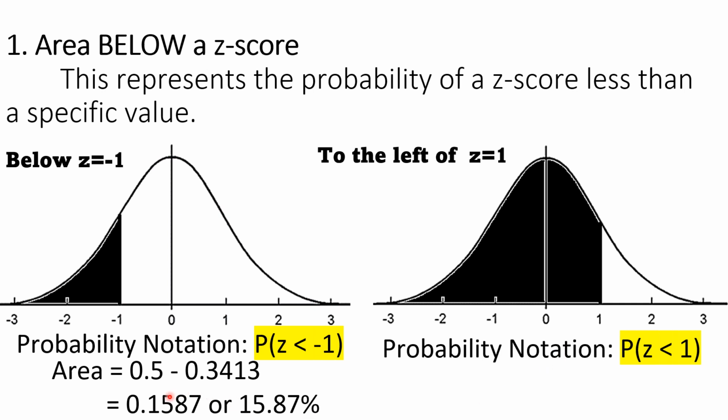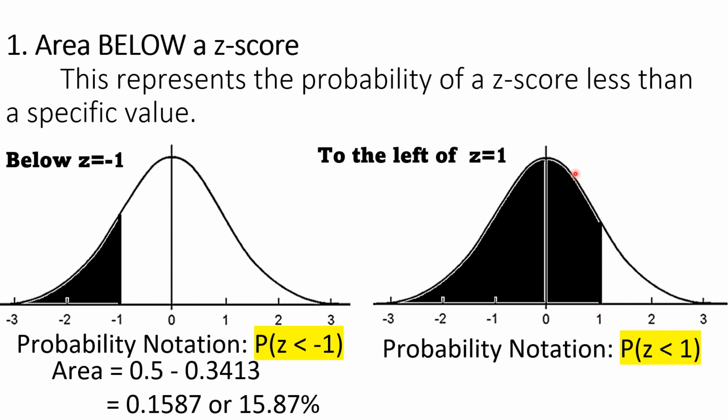How about the area? What have you noticed? Half the normal curve is shaded. And we know that from the mean up to 1, the area of that is 0.3413, right?